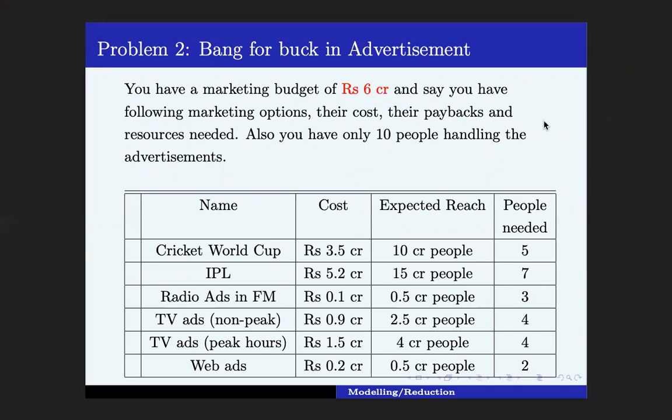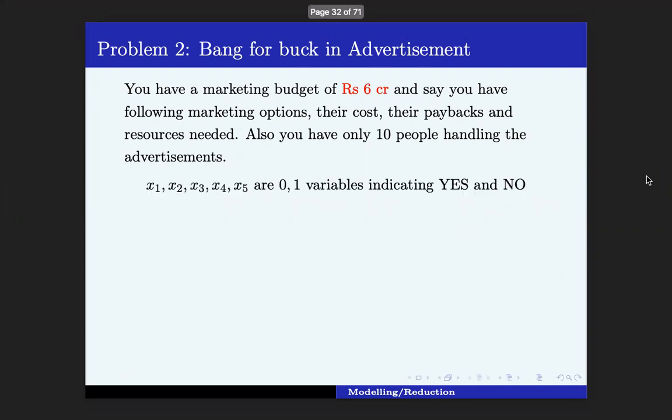Devarshi? So we can allocate indicator random variables for whether each of the advertisements is chosen or not, and that multiplied by the expected reach would give us the optimization function.